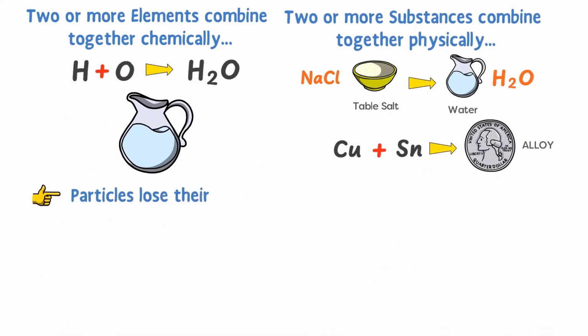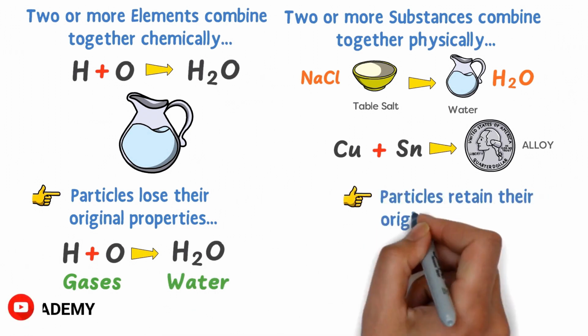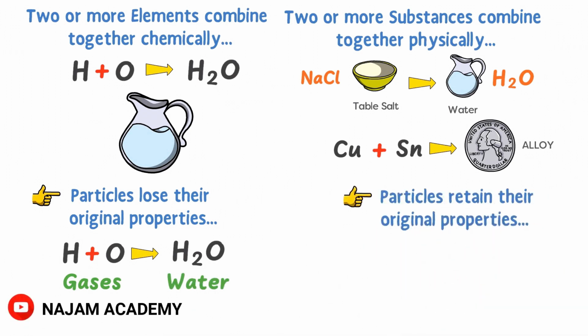Another difference is that particles lose their original properties in compounds. For example, hydrogen and oxygen are gases. They combine to give water, and the water is a liquid. So it has lost its original property. For the mixture, particles retain their original properties.